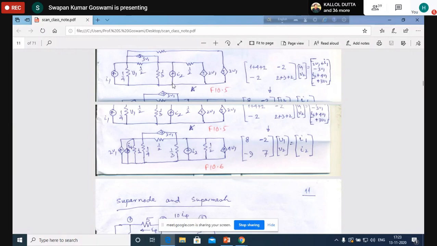The only thing to be noted is that, because of the presence of dependent sources, the admittance matrix finally becomes asymmetric. Previously we saw that while writing the loop equation, dependent sources made the impedance matrix asymmetric. Now they make the admittance matrix asymmetric, which means the presence of dependent sources may make the network matrices asymmetric.